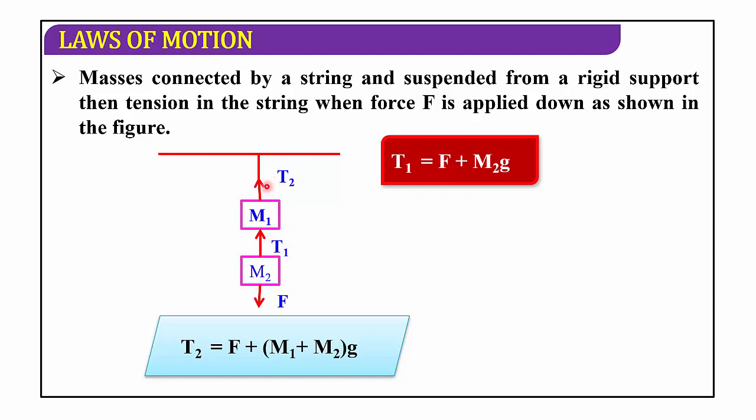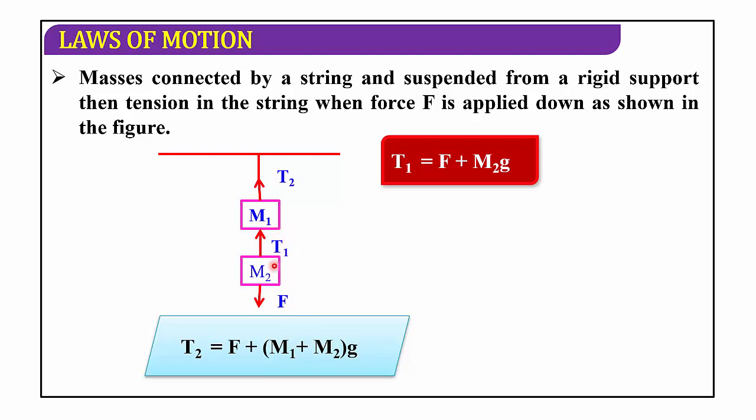Then the total tension along the string, the T2 value. How to write it? The total force is F plus, how many objects are connected? Two objects having masses m1 plus m2, into g. This is the general equation. If there are three bodies, you should write m1 plus m2 plus m3. If there are four bodies, m1 plus m2 plus m3 plus m4, and so on. This is a standard equation.